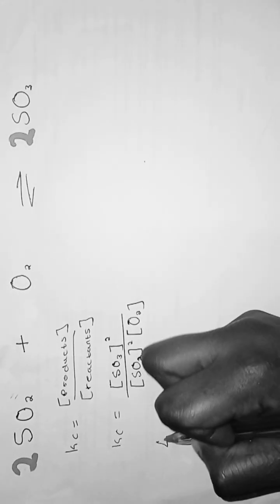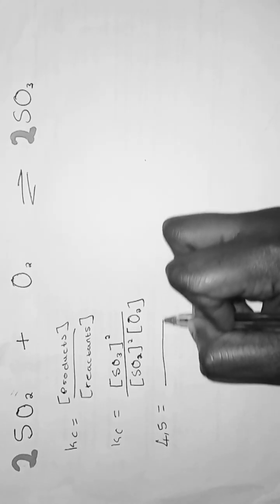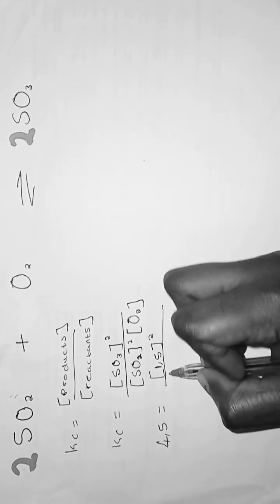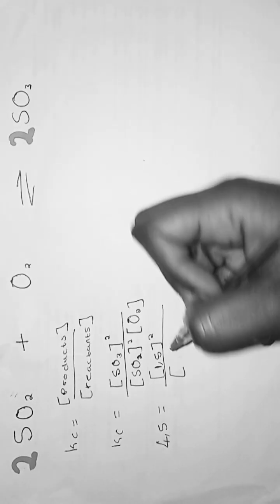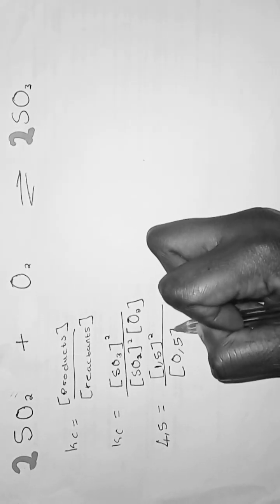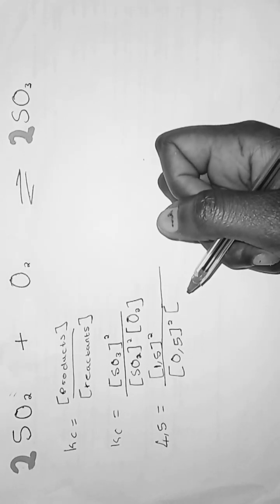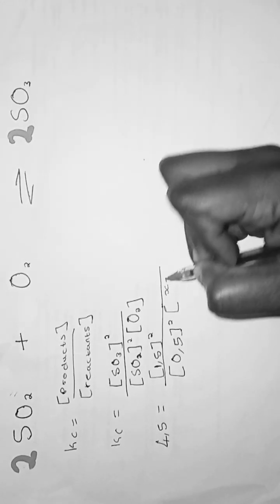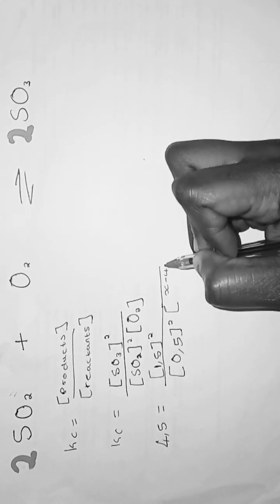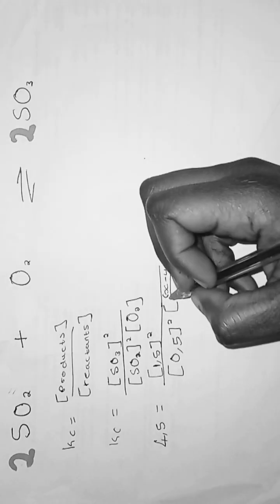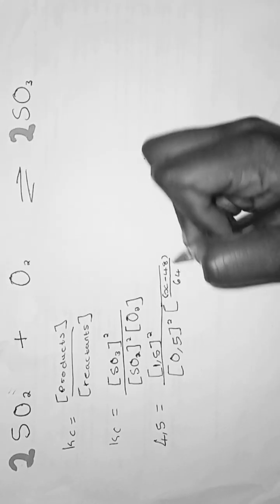So my Kc was 4,5 and my product was 1,5 all squared, and then my SO2 was 0,5 squared, and then my O2 was X minus 48 all over the 64, and then voila.